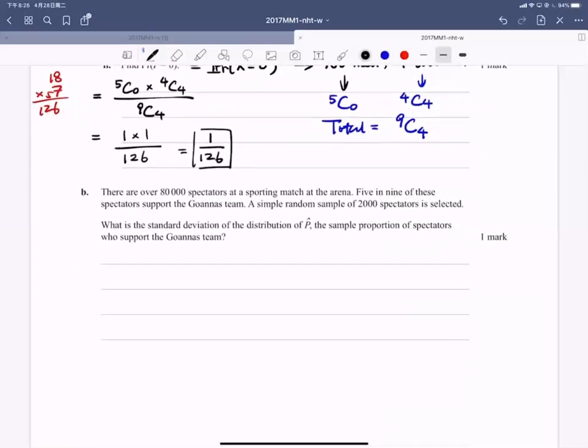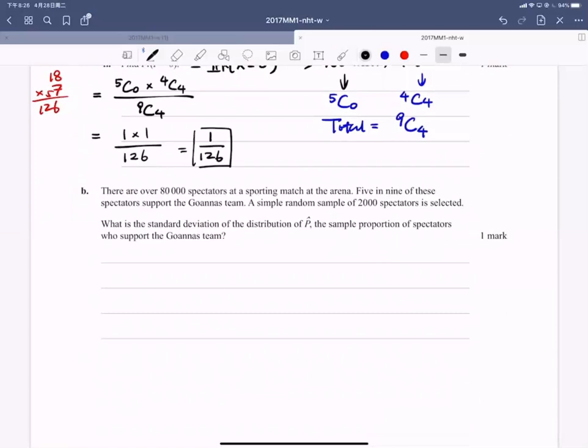All right. There are over 80,000 spectators at a sporting match at the arena. 5 in 9 of these spectators support Goanna's team. A simple random sample of 2,000 spectators is selected. Okay, so sample size is 2,000.